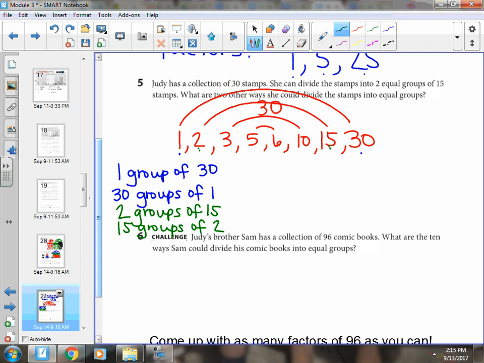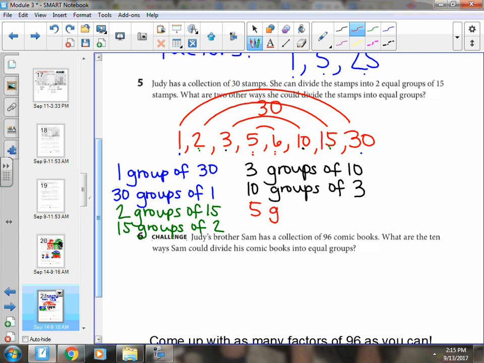You could do 3 groups of 10 or 10 groups of 3. You only had to write 2 other ways. I'm writing quite a few other ways. Okay, and the last one, 5 groups of 6 or 6 groups of 5.